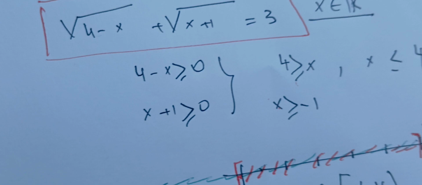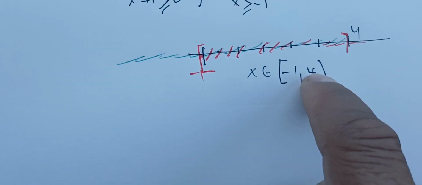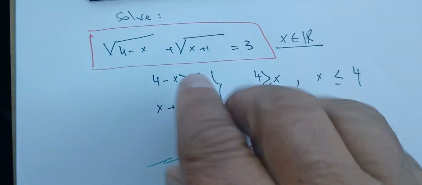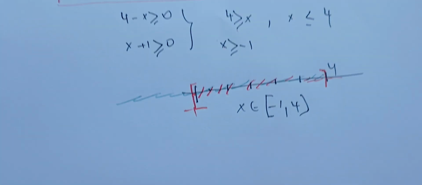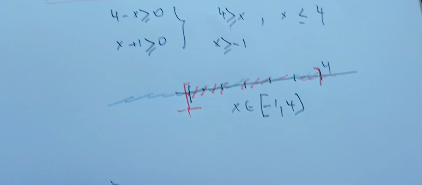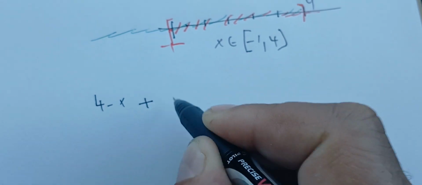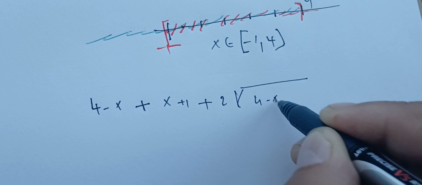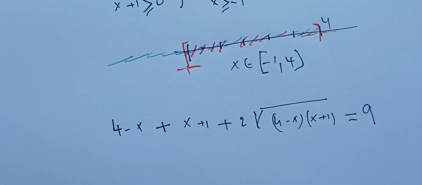Let's see. Let's do the algebra. So now, given that x is in this condition, we can square here, we can multiply with no problems. We are not going to have problems of definitions. So let's do it. Let's square both sides. Squaring both sides, we get 4 minus x plus x plus 1 plus 2 square root of 4 minus x times x plus 1 equals 9.